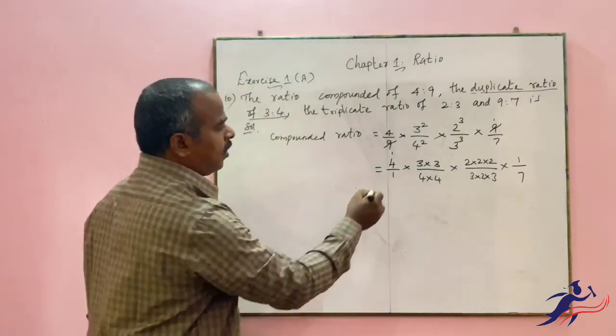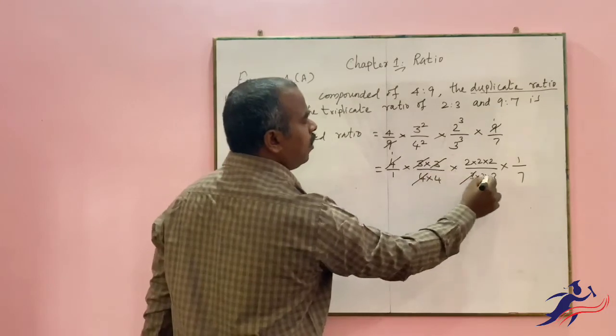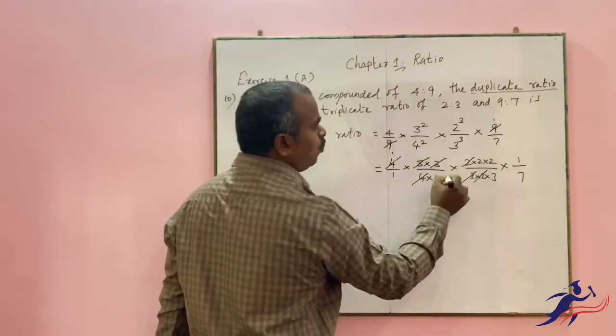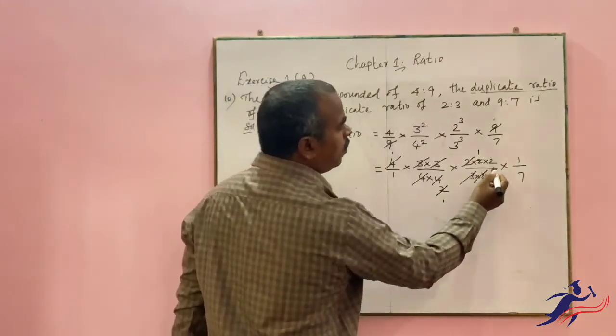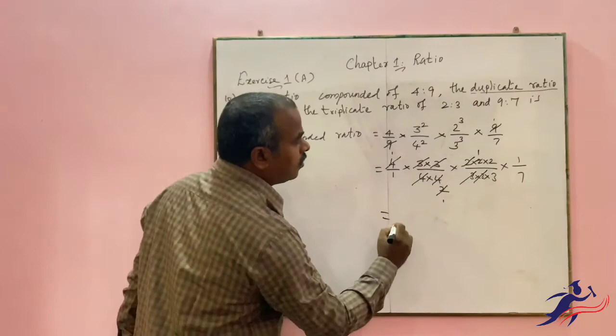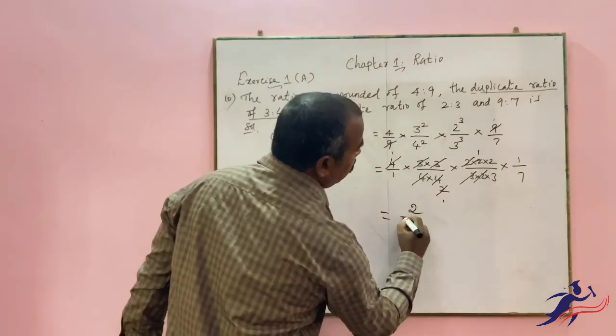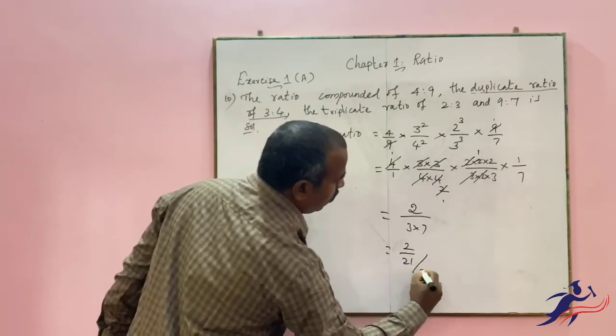Now we can cancel again. So 4 4. So 3 3 3 3. So 2 2 times 2 2 1. So now we can cancel these terms. That is 2 by 3 into 7, that is equal to 2 by 21.